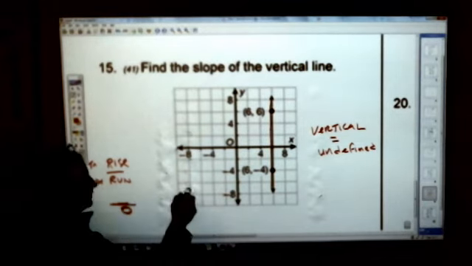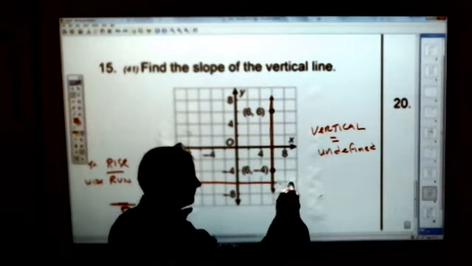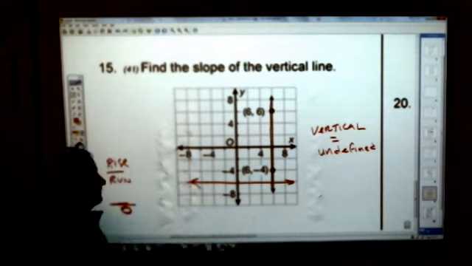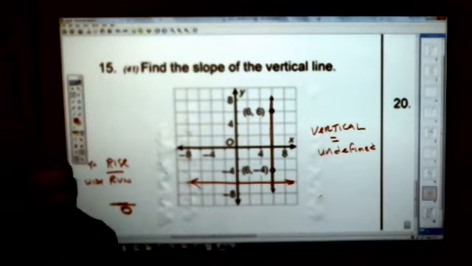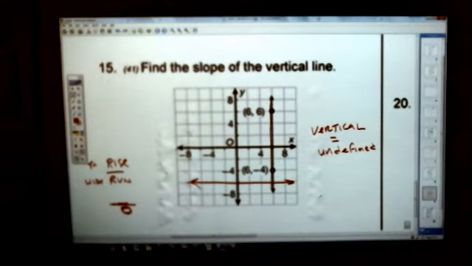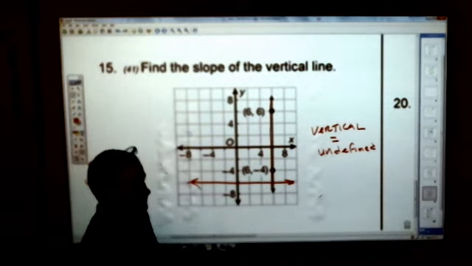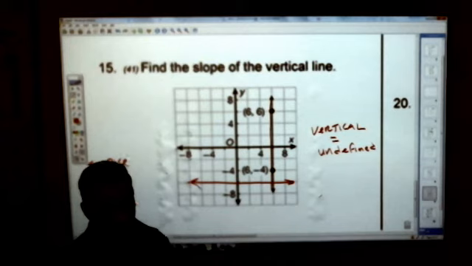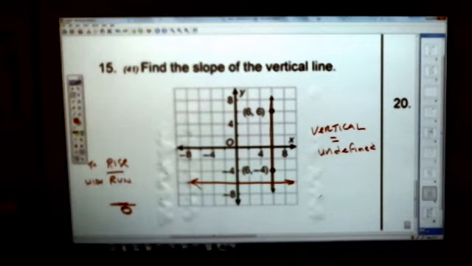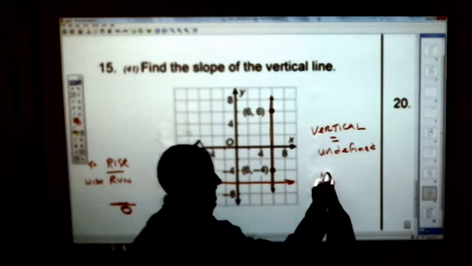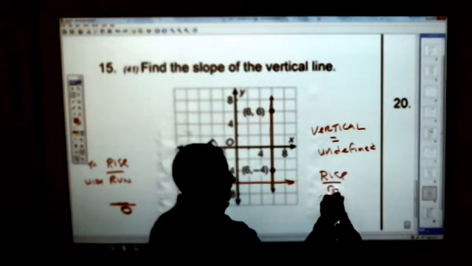You should probably write this down, because maybe on tomorrow's test they'll give you a horizontal line. What is the slope of a horizontal line? No. Keep saying infinite, and I'll keep saying no. It is 0. How do you know that? Because again, go back to rise over run.